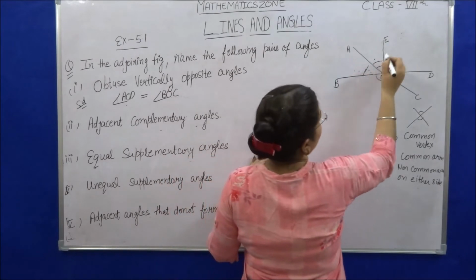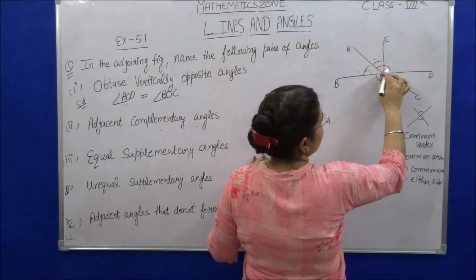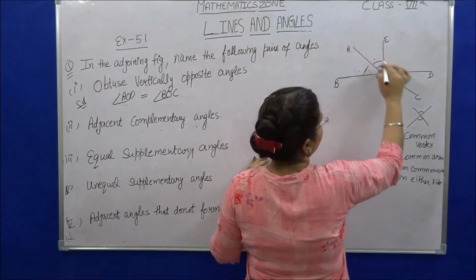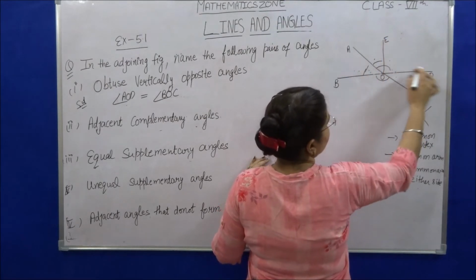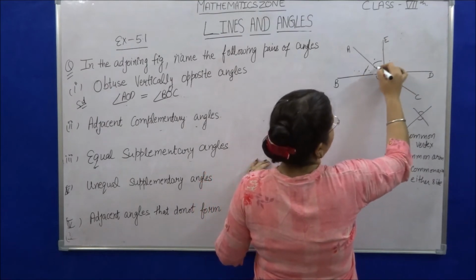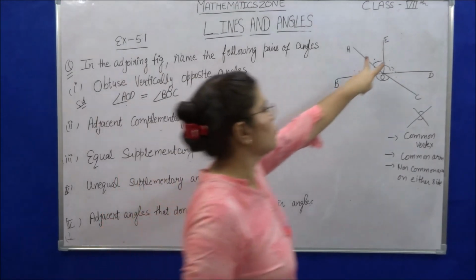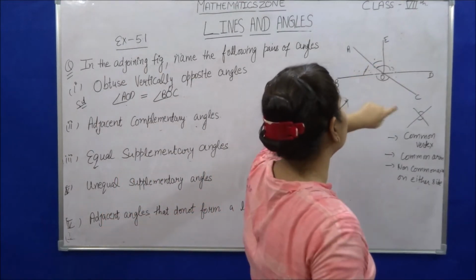But if we look at these two angles, then OE is the common side in angle AOE and EOD, and O is the common vertex, but the sum of these two angles is greater than 90 degrees. So these two angles cannot be considered.